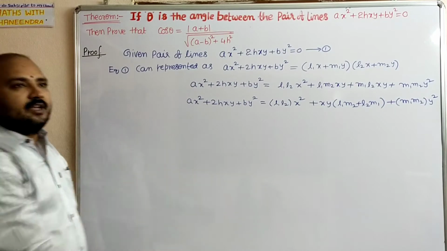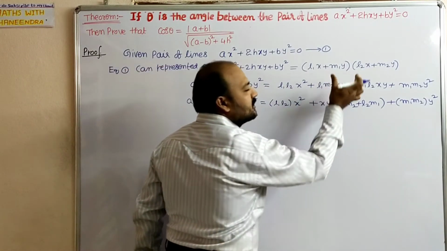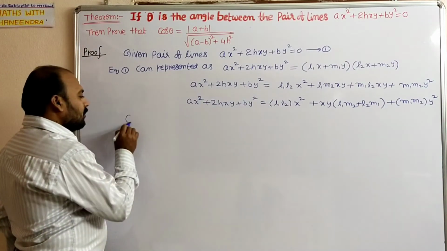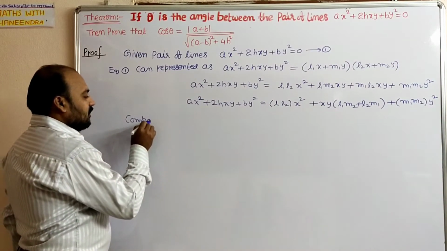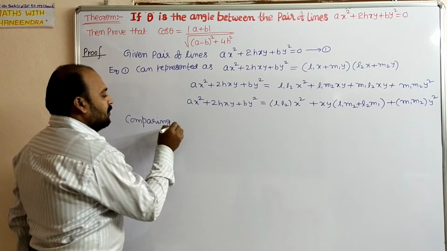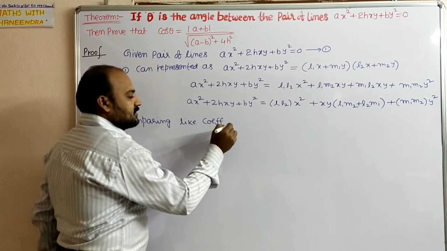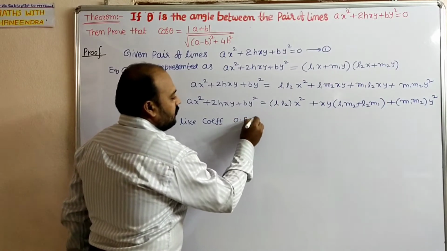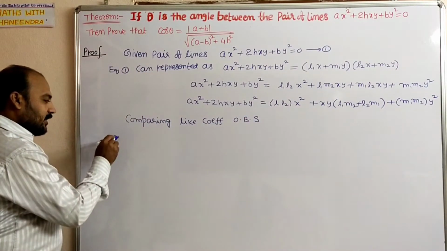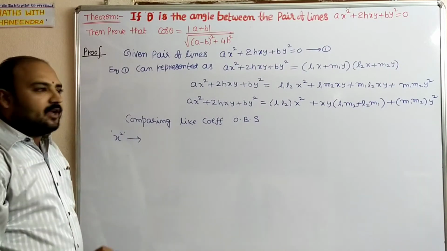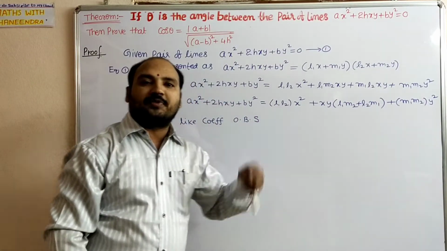After writing the given pair of lines as the combination of two lines, we compare like coefficients on both sides. First x square, the arrow mark means we are comparing the x square coefficients.